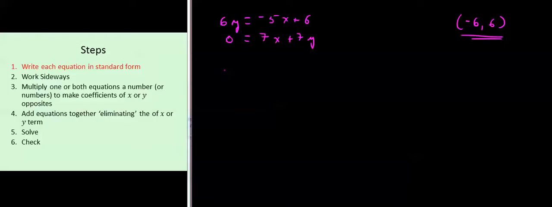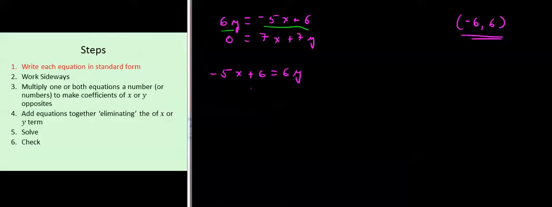Step 1, write each equation in standard form. So I'm going to take the first equation, put this on the left, this on the right. Negative 5x plus 6 equals 6y. And I'm going to subtract 6y and subtract 6.